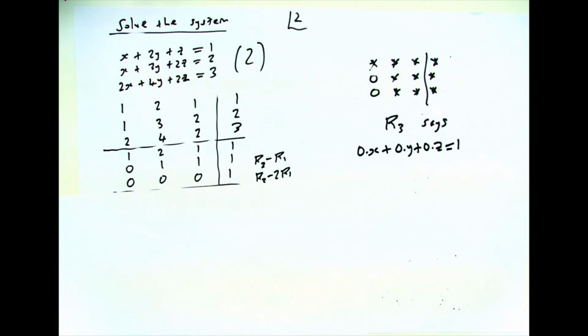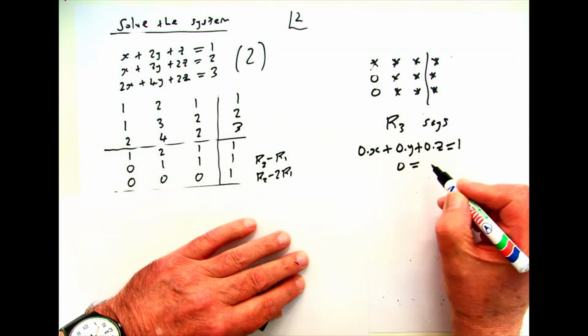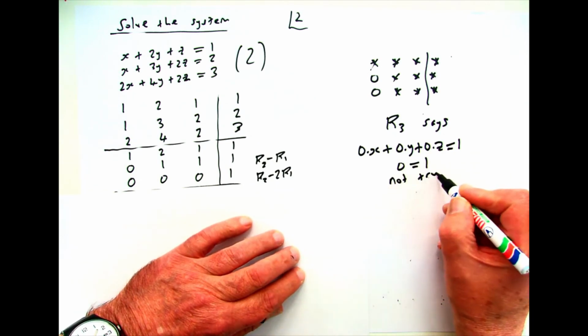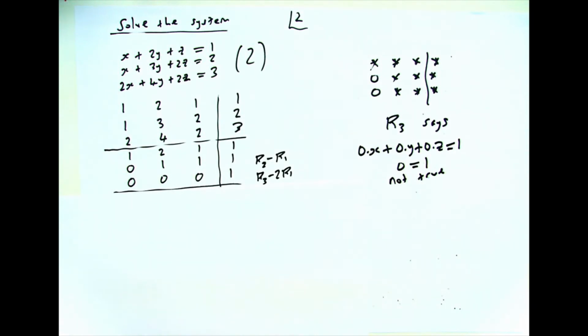If we interpret back what does it mean as an equation? It says 0 equals 1, which is not true. So our system of equations has led to a contradiction, 0 equals 1. That means our system of equations doesn't have any solutions. If it has got solutions x, y, and z, then 0 is equal to 1. So it has no solutions.